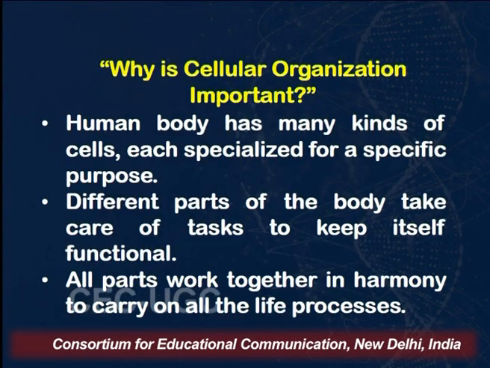Now why exactly is the cellular organization among these cells important? The human body is made up of many kinds of cells, and each of them is specialized to perform a particular function. For example, the cardiac cells function for the cardiac processes, then the renal cells function in the kidney for the extraction of urine and other processes.